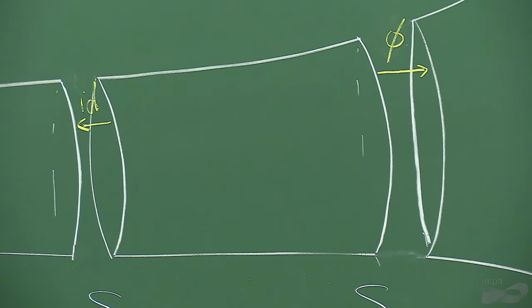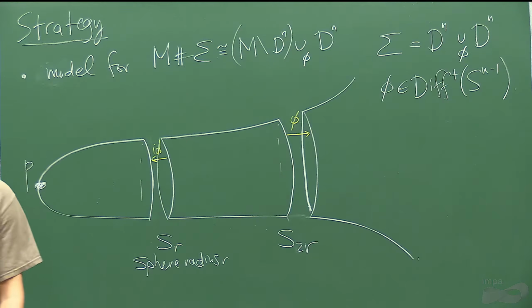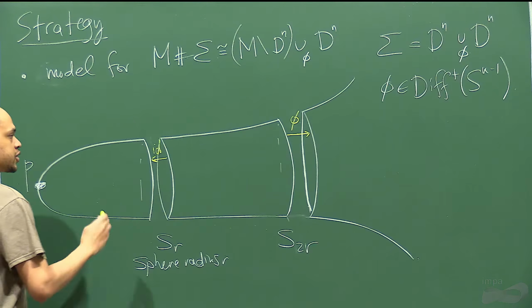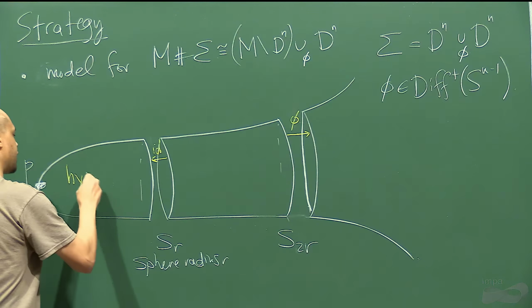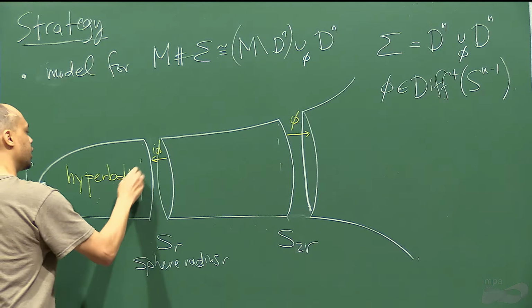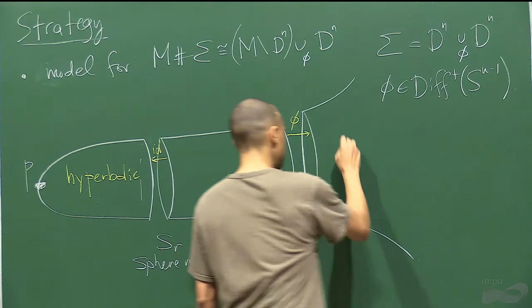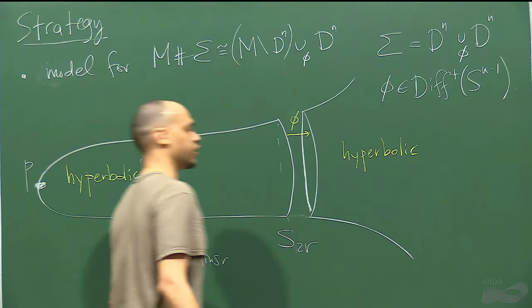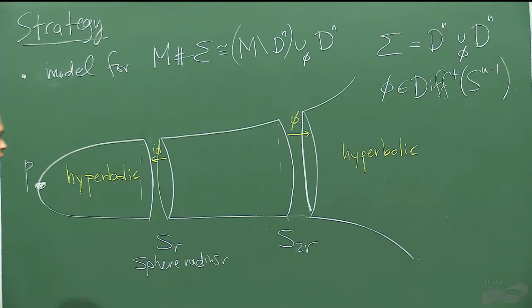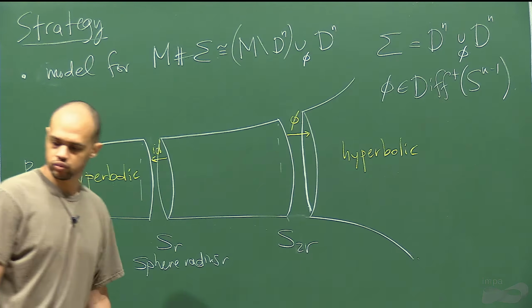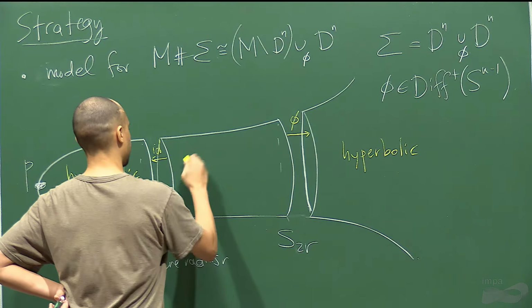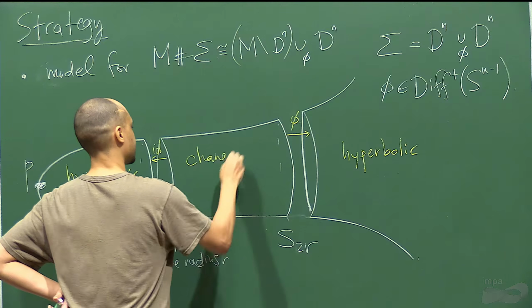And the picture of the metric that we ultimately will construct is that it's going to be hyperbolic near P and hyperbolic very far from P. And then here's where we're going to make some change. So we're going to change the metric here.